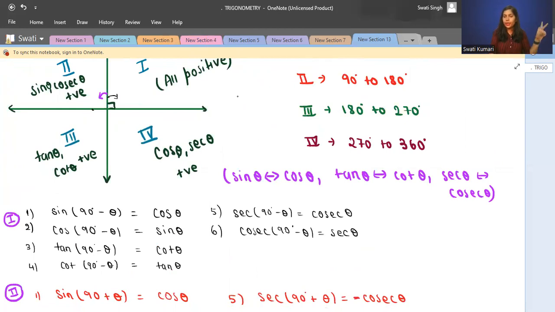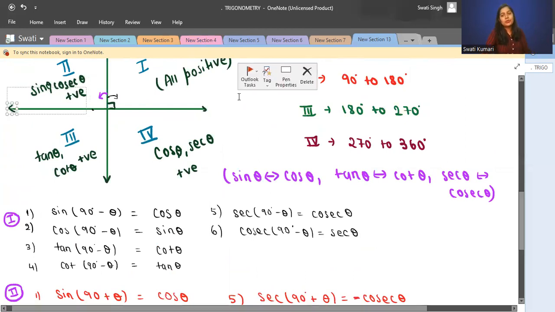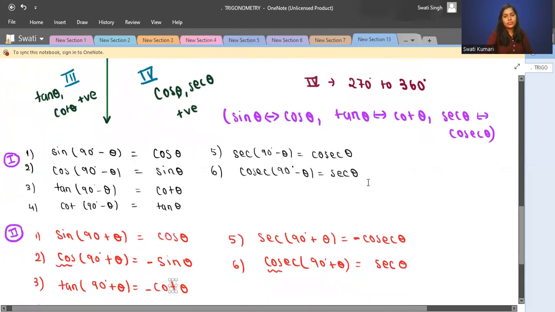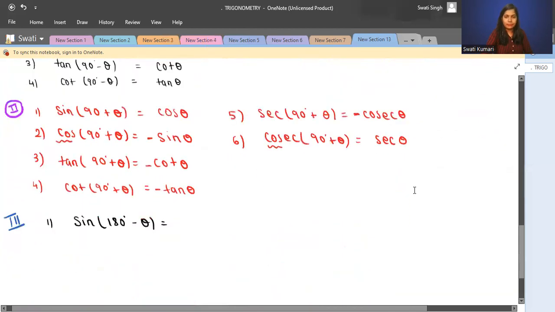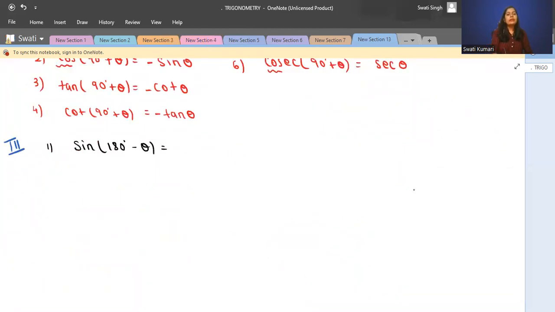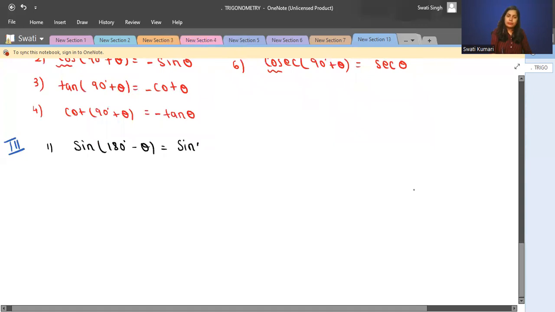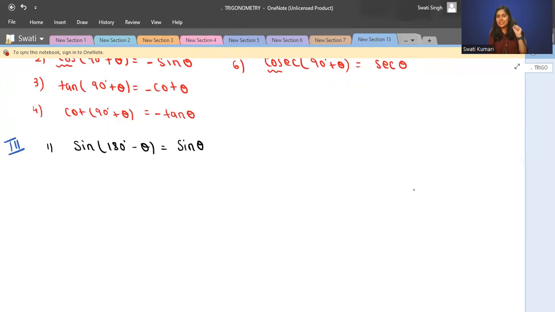And in the second quadrant, only sine and cosec are positive, the rest will be negative. So sine of 180 degree minus theta will be sine only, and the sign is going to be positive. Why? Because in the second quadrant, sine is positive.